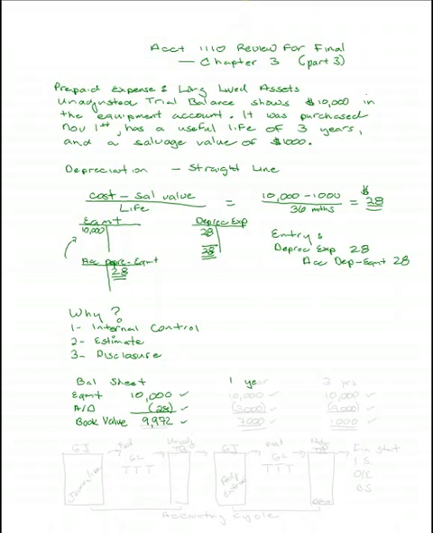1 year out will still show equipment having a value of $10,000, but at the end of the year we will have picked up a third of this. 10,000 minus 1,000 is 9,000, and a third of that will be 3,000. So we will have depreciated 12 months, or 12 times 28, equaling 3,000, and that will show our equipment having a book value of $7,000.